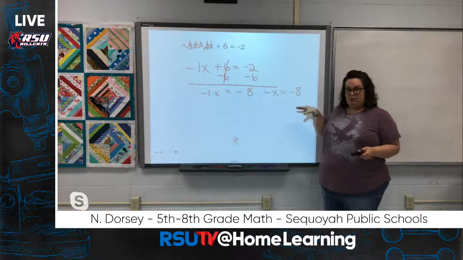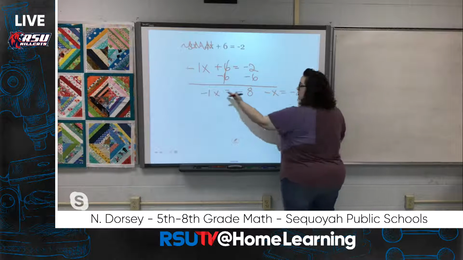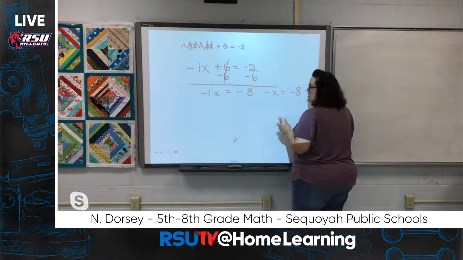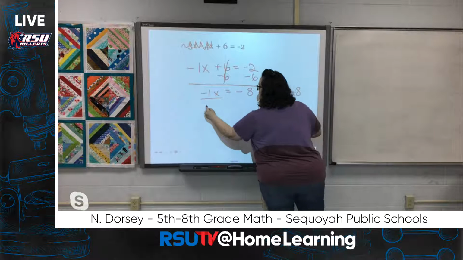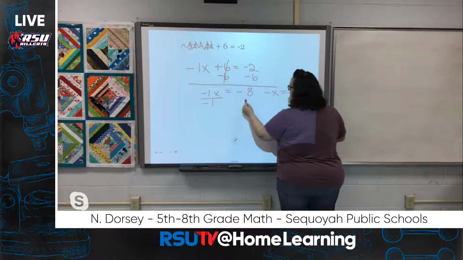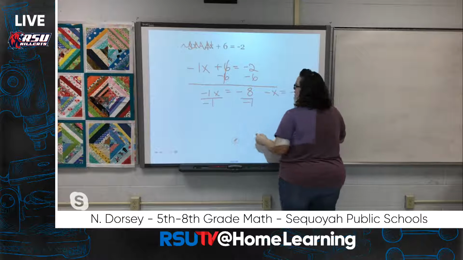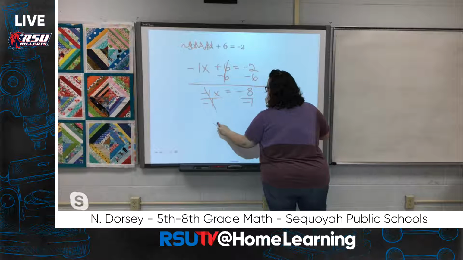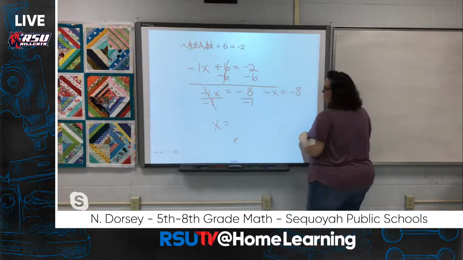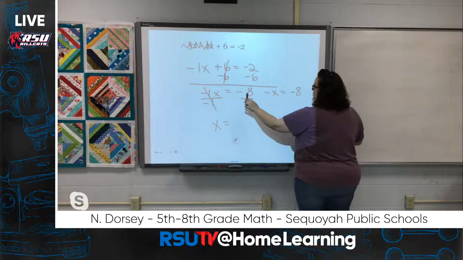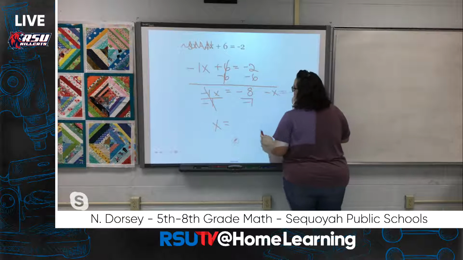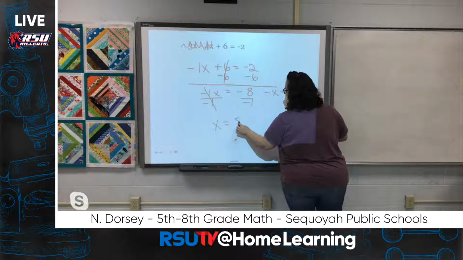But I'm going to do both ways. So the opposite of multiplication is division. So we're going to divide both sides by -1. And that cancels out. Bring down the x. Bring down the equal sign. And of course, -8 divided by -1 is just 8.